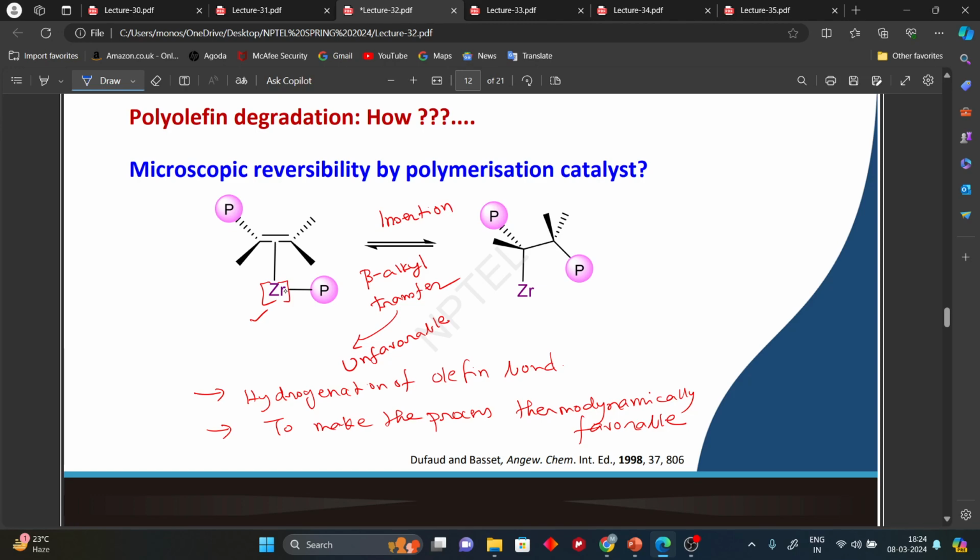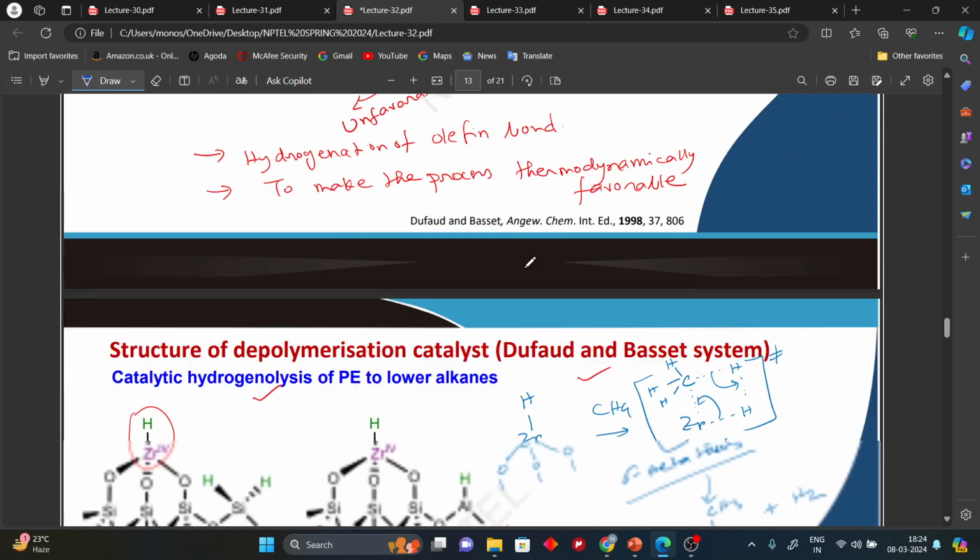With a zirconium based catalyst, at first the pi bond would be attached to your zirconium. Then insertion with alkyl transfer would happen, and this zirconium would come over.